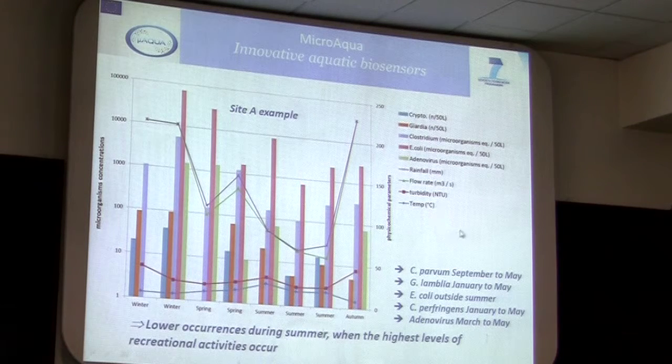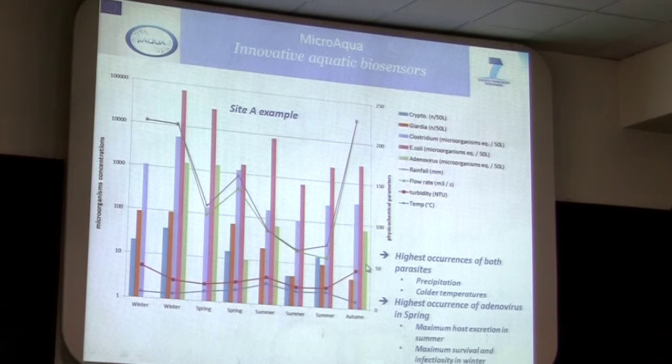You find on the right of the graph the major occurrence of microorganisms according to the season. The most important thing is that lower occurrences were measured during summer, when the highest levels of recreational activities occur.